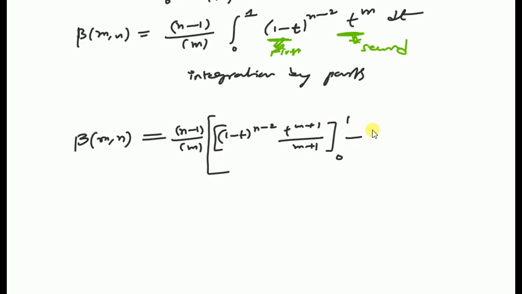Then minus integration from 0 to 1, integration of that will be again t power m plus 1 by m plus 1. Then differentiation of the second term, what I have, n minus 2 into 1 minus t into the t power n minus 3, and of course then that will be minus dt.